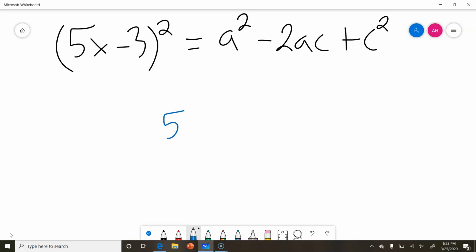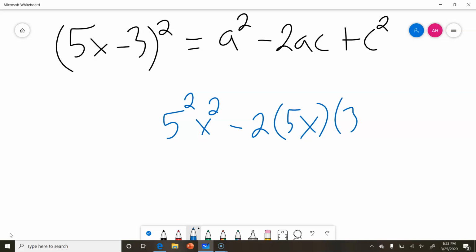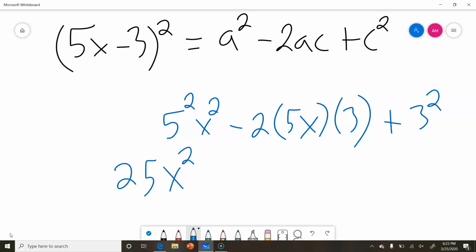Now this is the key part. I have to square the 5 and the x for a. Then I do minus 2, and I take what is a, that is 5x. What is c? That's a 3. And c squared is 3 squared. So now 5 squared is 25. x squared is still x squared. 2 times 5 is 10.